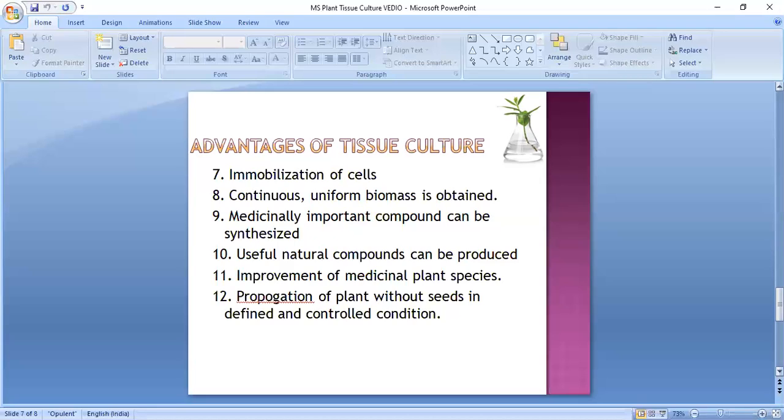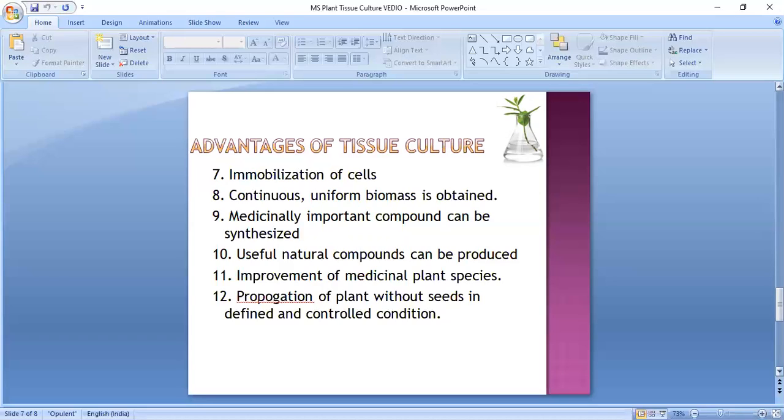We can use shoot tip culture, root tip culture, flower culture, embryo culture, ovule culture. We can propagate through any part of the plant. That is the importance of the plant tissue culture, or we can say the advantages of the plant tissue culture.